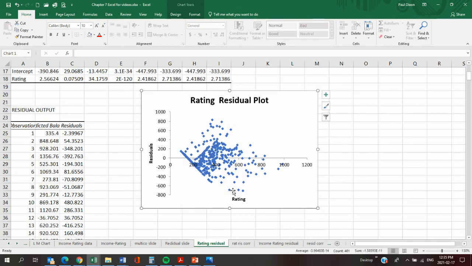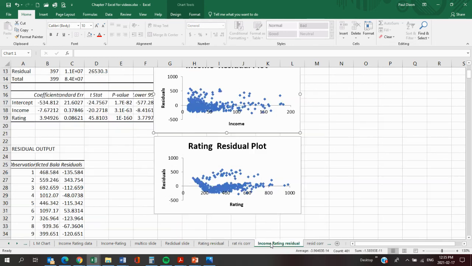Here it went from like minus 800 to plus 800, and now it's going more like minus 300 up to 500 or something. So it is closer than it was previously. And again, I get a whole bunch of residuals.